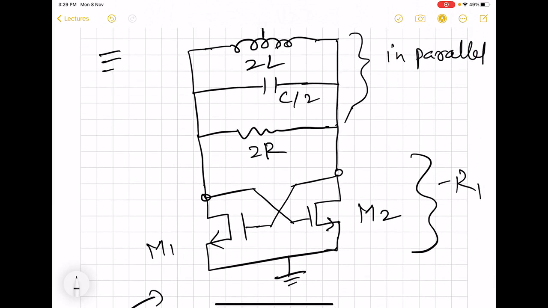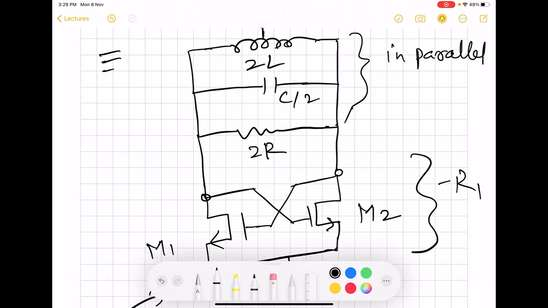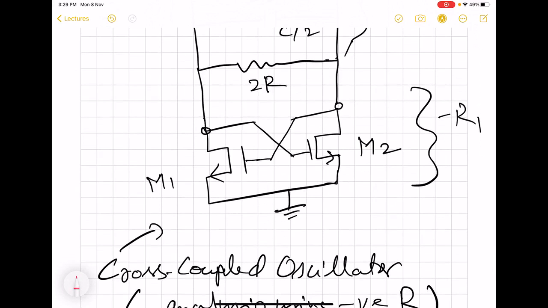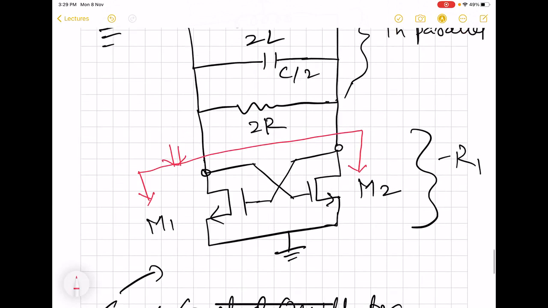So what we saw here is that we have now these two MOS and the rest three elements. They are very well connected in parallel, and we have 2R. So what we can conclude is that this much portion of the circuit containing the MOS must be of negative R type, which will cancel out 2R.